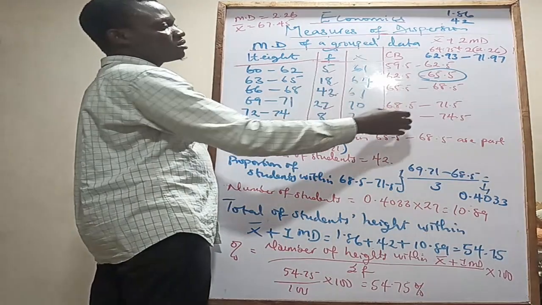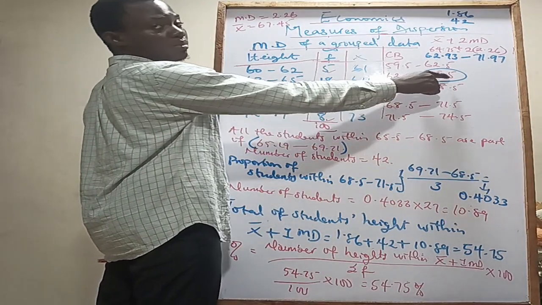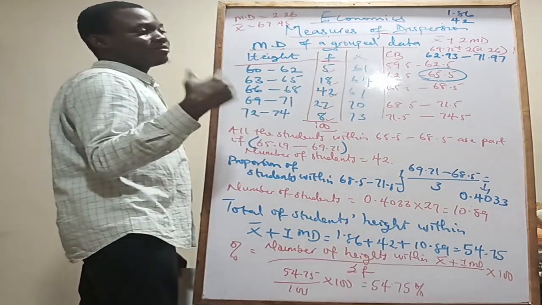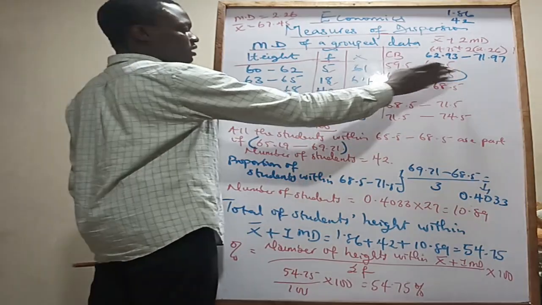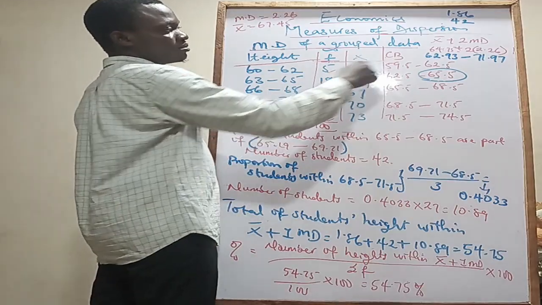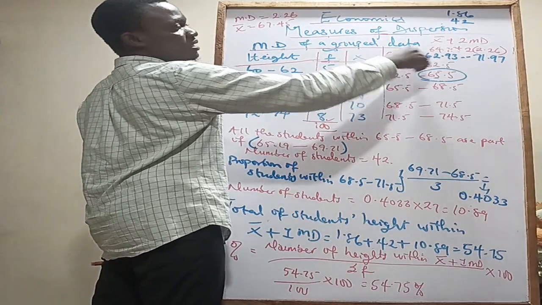So you are going to find the proportion: 65.5, which is the upper class boundary, minus 62.93, divided by the class width. That will give you the proportion, and you multiply it by the frequency. That will give you the number of students that are 62.93 in height and above.